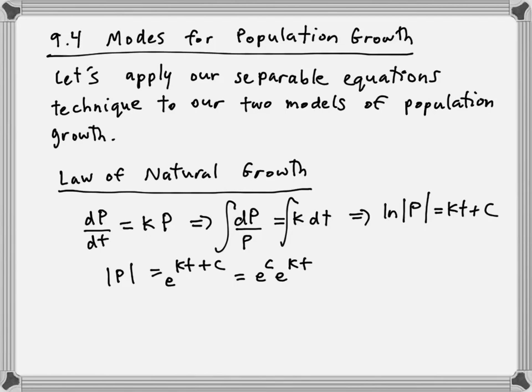Now, the absolute value of P, remember, to solve an absolute value equation, this actually means that the inside of the absolute value is plus or minus that thing over there. And so what I could say is this implies that P is equal to e to the C, e to the kt, and the population is equal to negative e to the C, e to the kt.